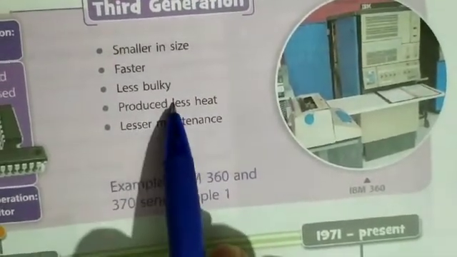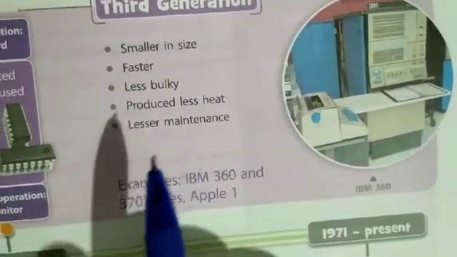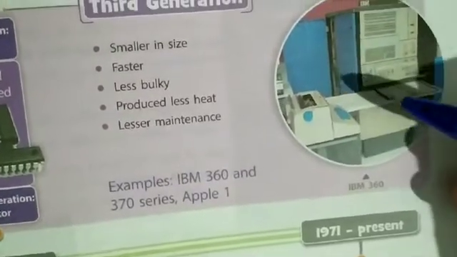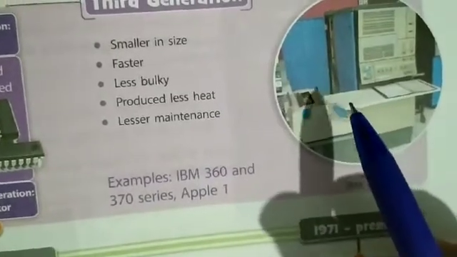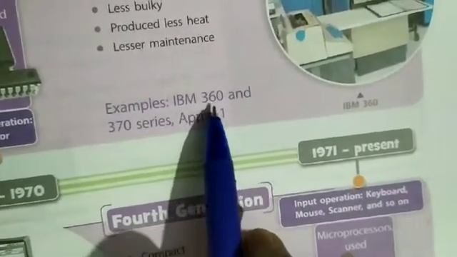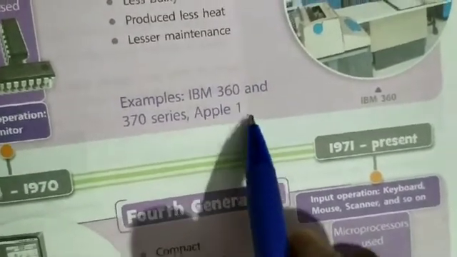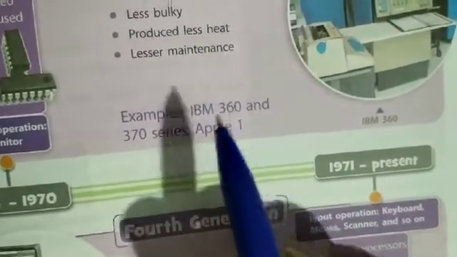They are less heavy than second generation computer, they produce less heat than second generation computer, and they need less maintenance than second generation computer. Examples of third generation computer are IBM 360 and 370, Apple I. These are the examples of third generation computer.